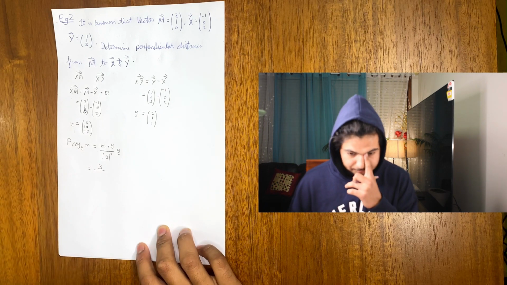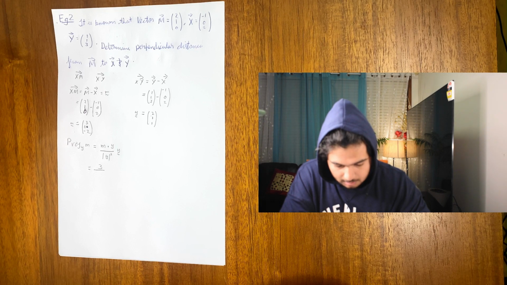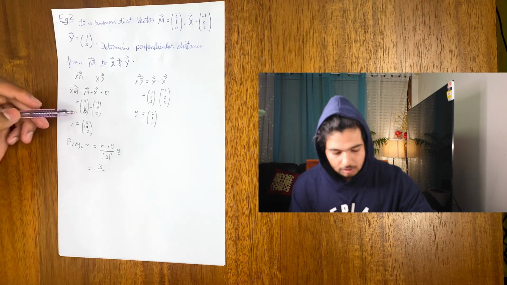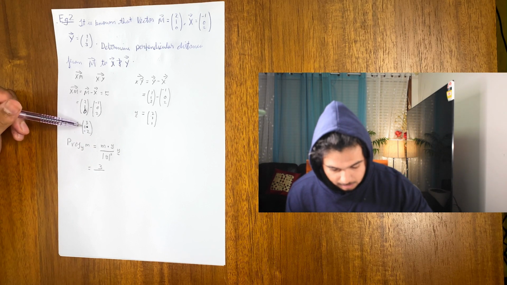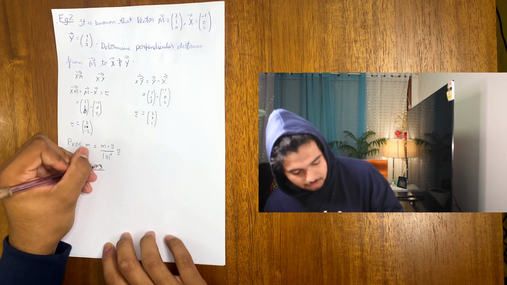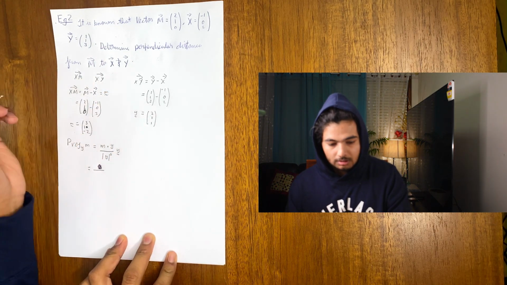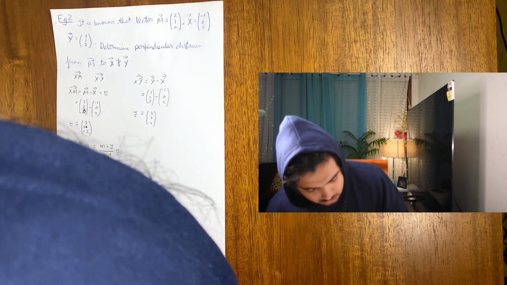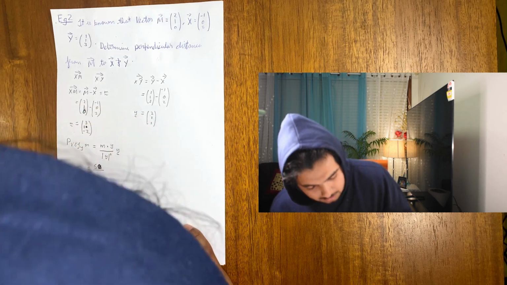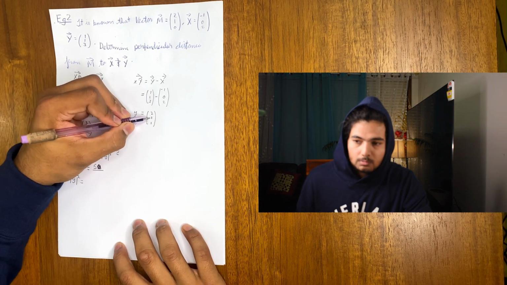Sorry, is there a mistake? 3 times 2 is 6, plus 1 times 1 is 1, 7, minus 2, it will be 5. Take the magnitude of y, all squared. 2 squared is 4, plus 1 is 5, plus 1 is 6.